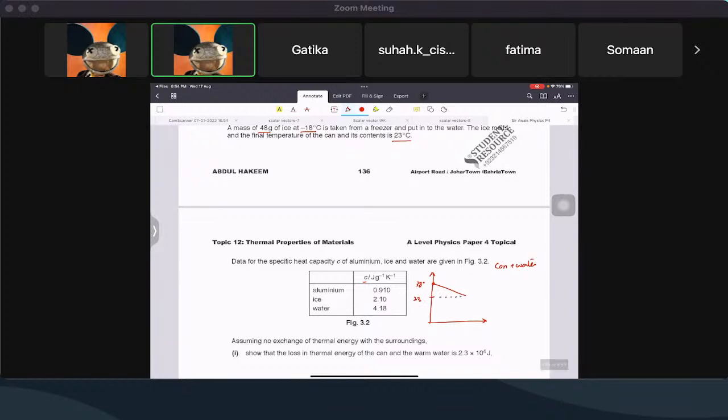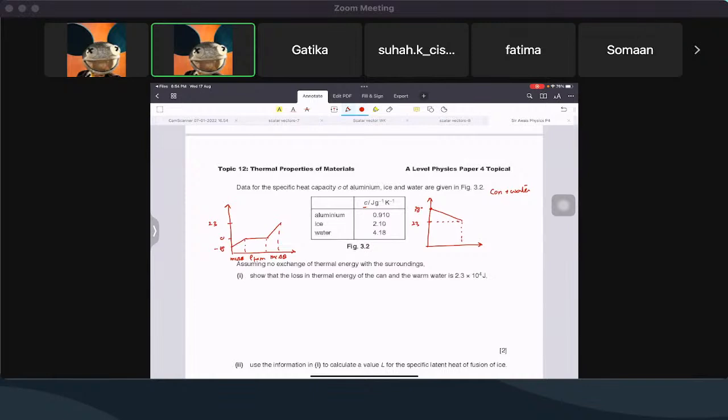So this is for can and water. For the other one, for ice, you should remember, ice was at minus 18. It goes to 0 first, then flat, and then the temperature rises to 23. It is exactly the same type of question that we did for coffee and ice, right? Now, we know that this is mc delta theta, this is LF times m, and this is mc delta theta.